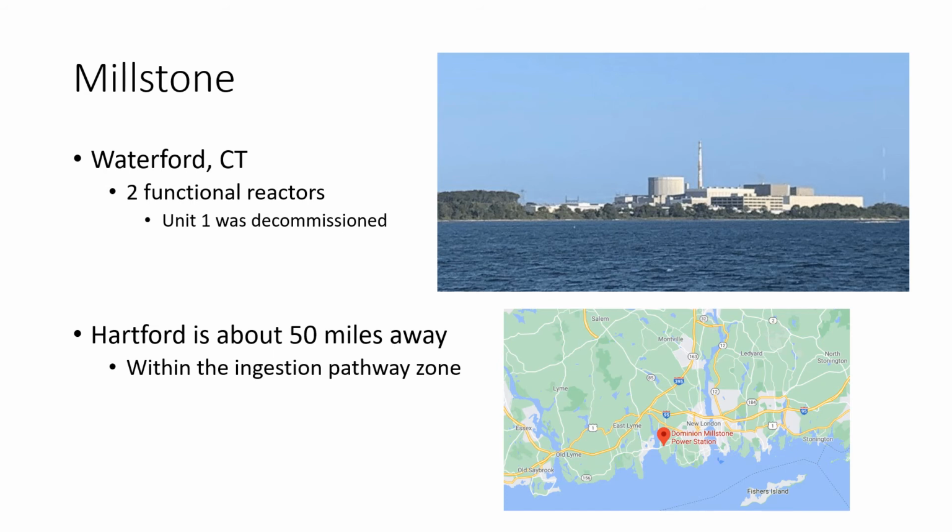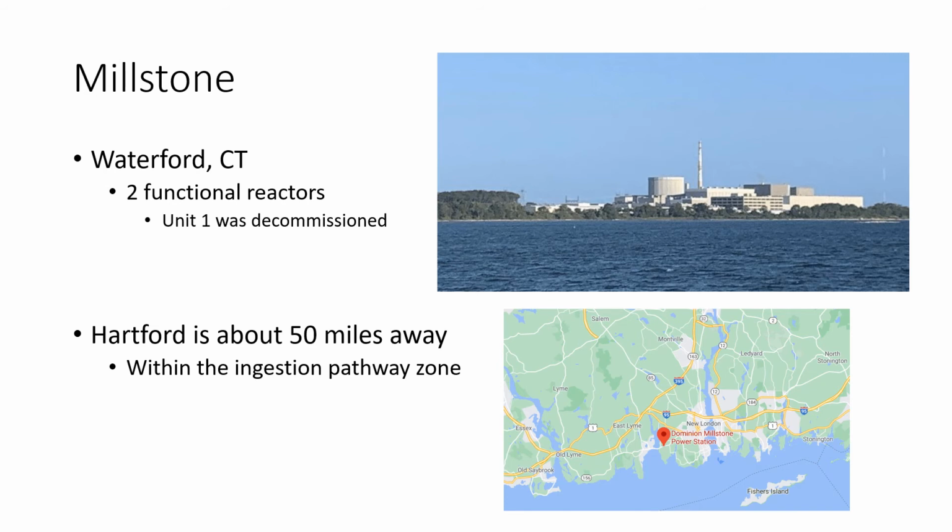Like I said, Millstone is in Waterford, Connecticut. It actually has 2 functional reactors. There are 3 on site. One was decommissioned, I want to say in the 90s. Anyway, there are these fallout plans where the initial plume is about 10 miles or something, but then the ingestion pathway zone, meaning once that radioactive material precipitates down and you can then ingest it from water and your food sources, is about 50 miles away.